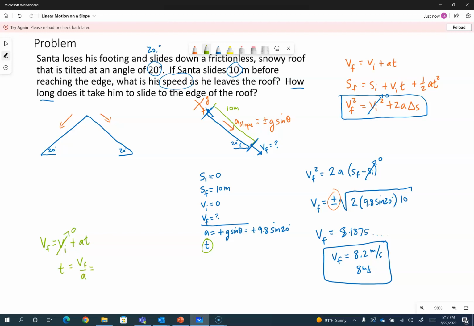We know a. I am going to use more sig figs when I plug in V final here, again, just to minimize rounding error. And the acceleration, same value, the 9.8 sine 20. So 2.4 seconds would be the time it takes for Santa to slide down to the bottom.